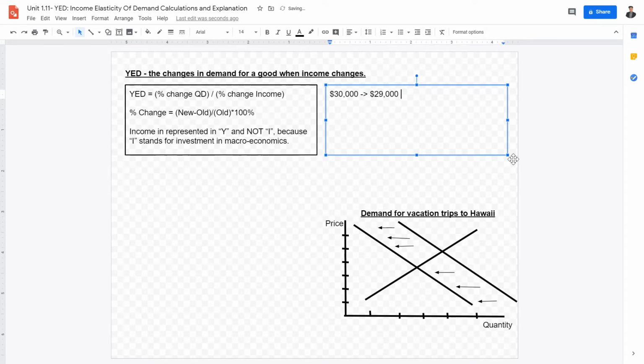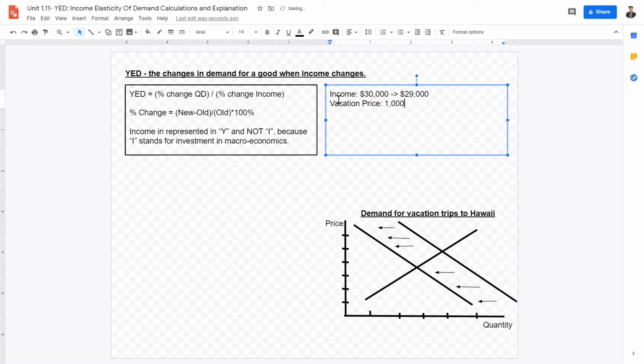25 is a little too much. Let's do 29. Okay, so originally they make $30,000 a year, and now they make $29,000 a year. And then, for example, a vacation trip to Hawaii originally costs $1,000. So this one is income, and this one is vacation price.